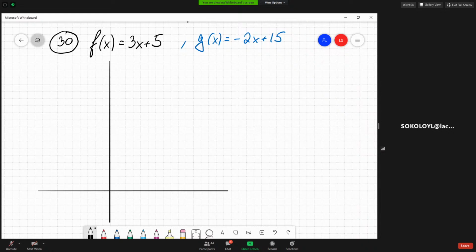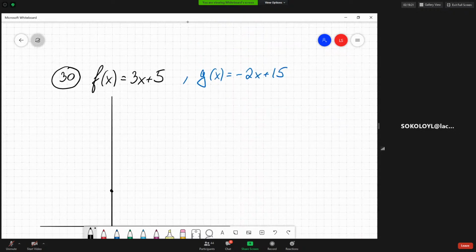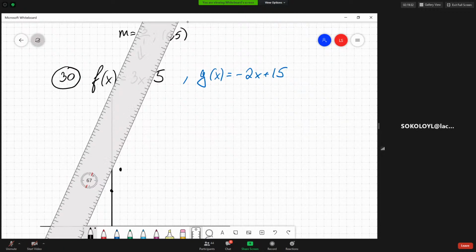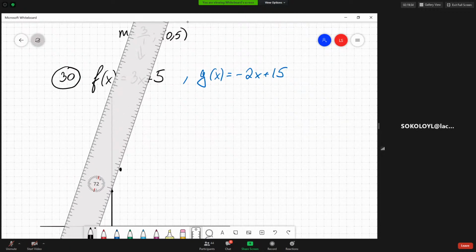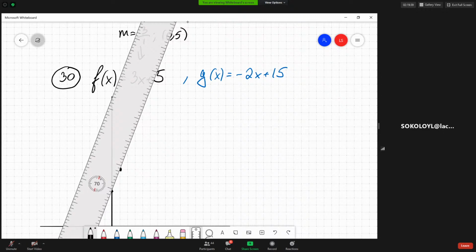All right, so for the first graph, we will plot the y-intercept of 5. We will use the slope of 3. On this one, the slope is 3 or 3 over 1, and the y-intercept is (0, 5). So I would go up 3 and 1 to the right, connect them. And if we do everything correctly, everything will line up with our algebraic approach.